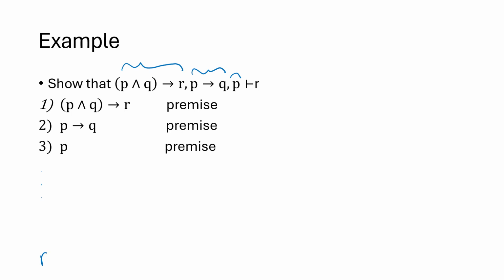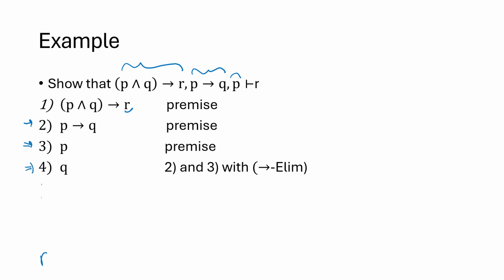Now, immediately you can see that from lines 2 and 3, we can apply arrow elimination here from P and Q. If P then Q and P, we can get Q. So from 2 and 3 with arrow elimination, we get Q. Now, we want R, and the only place that R appears is here. So somehow we need to use arrow elimination to get R out of this. But to be able to do that, I need P and Q. Now I have P on line number 3 and Q on line number 4.